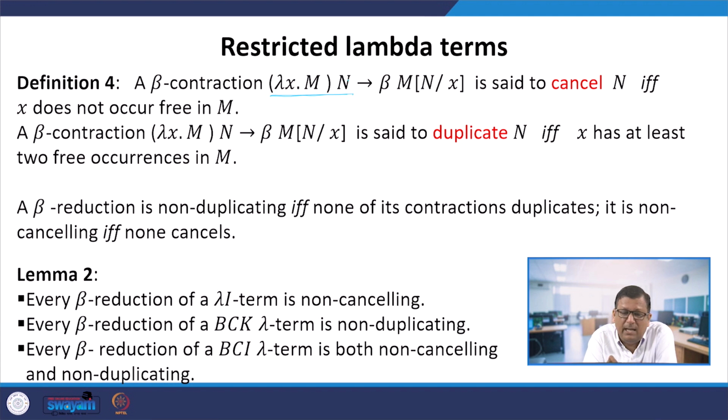If that is the case, N has no role, so N is called cancelled. When will it cancel N? If and only if x does not occur free in M.